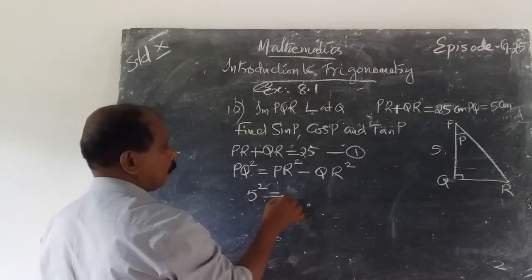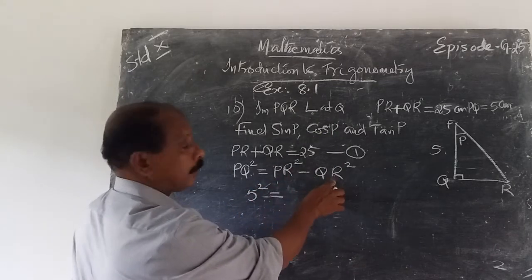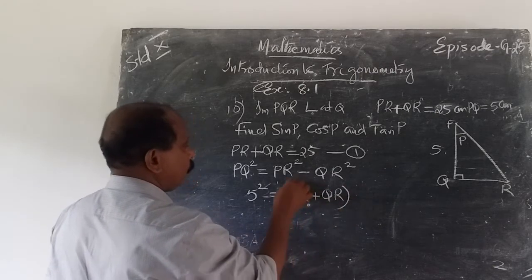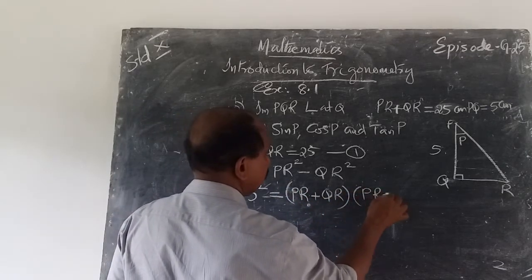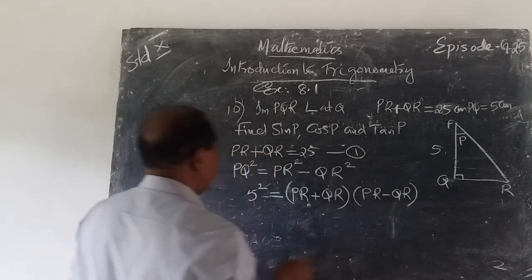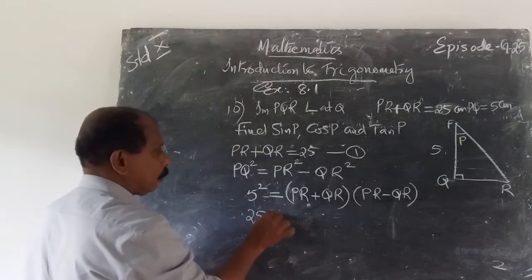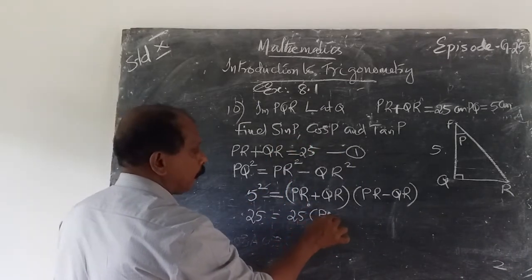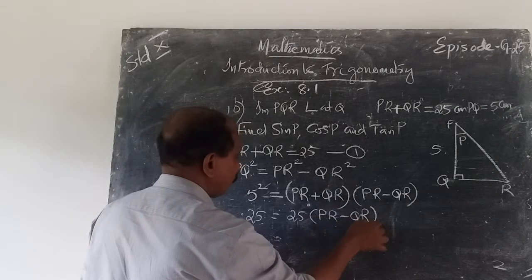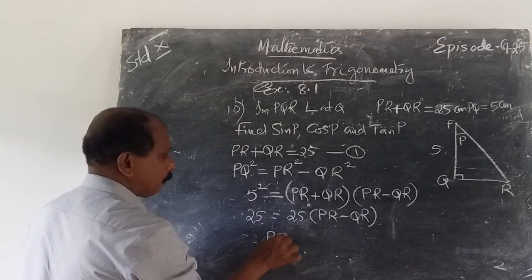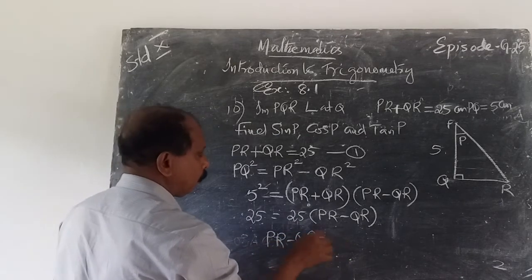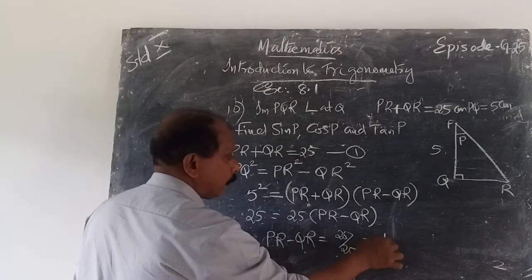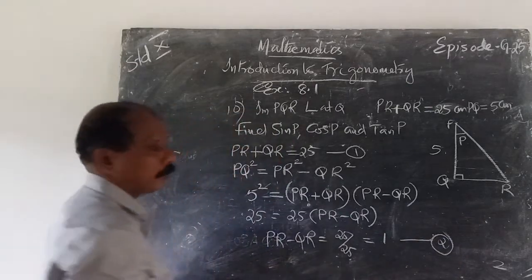Therefore, 5 square is equal to, this is of the form A square minus B square, that is A plus B into A minus B. That is 5 square, 25, is equal to PR plus QR, that is 25, into PR minus QR. Therefore, PR minus QR is equal to 25 by 25 is equal to 1. This is the second equation.